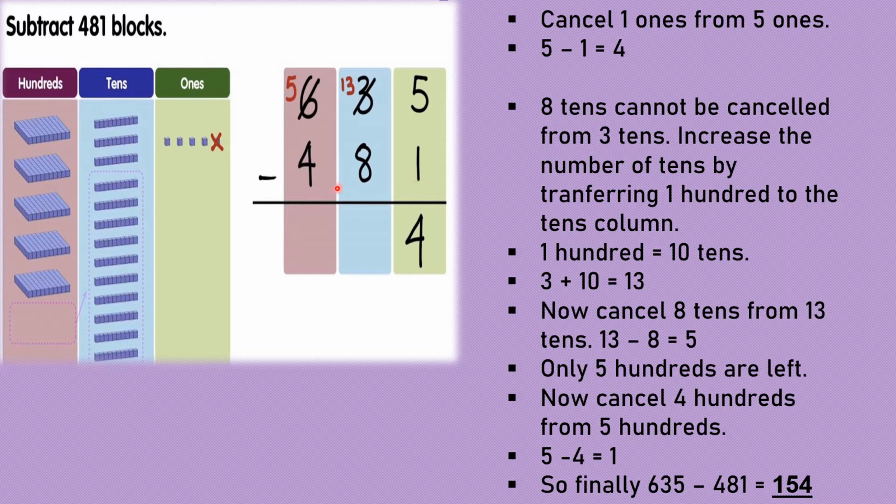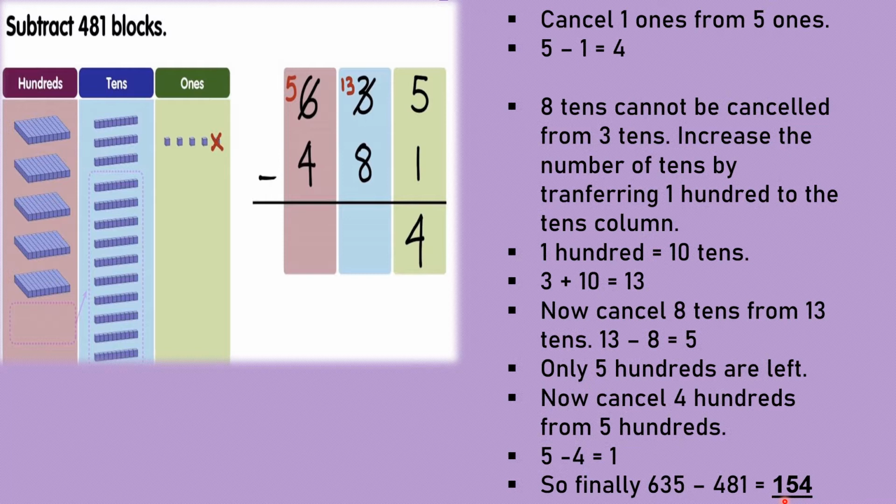From 481 I need to cancel 400s from 500s. So if I cancel 1, 2, 3 and 4, how many are remaining? Only 100 is remaining. So I write 100 here. So what is the number? 154. So you can see the answer is 635 minus 481 is 154.